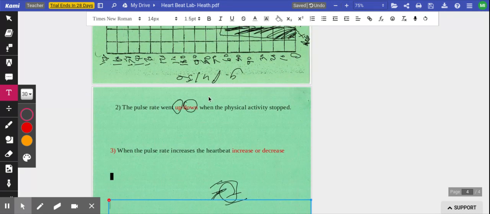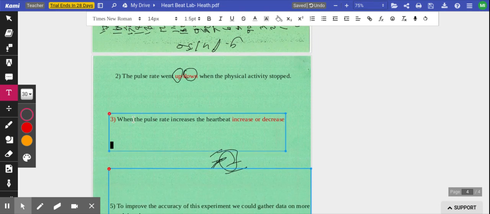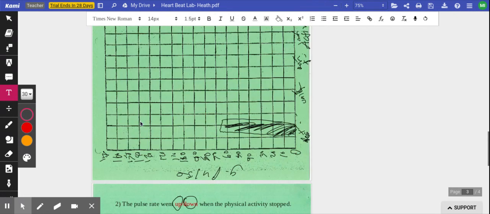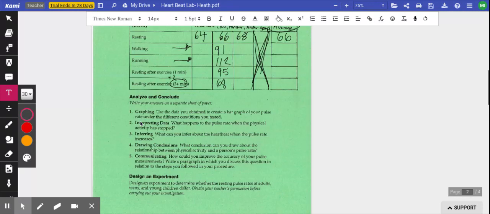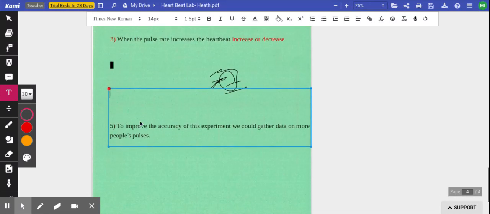So the things in red are going to be your choices, all right? So 3, infer. What can you infer about the heartbeat when the pulse rate increases? So when the pulse rate increases, the heartbeat increases or decreases, okay? So generally speaking, heartbeat and pulse are the same thing, so that should give you a hint.